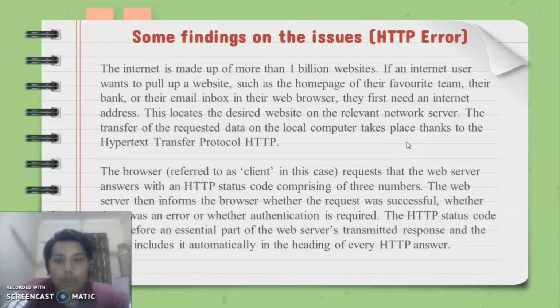The web server then informs the browser whether the request was successful, whether there was an error, or whether authentication is required. The HTTP status code is therefore an essential part of the web server's transmitted response, and the server includes it automatically in the heading of every HTTP answer.